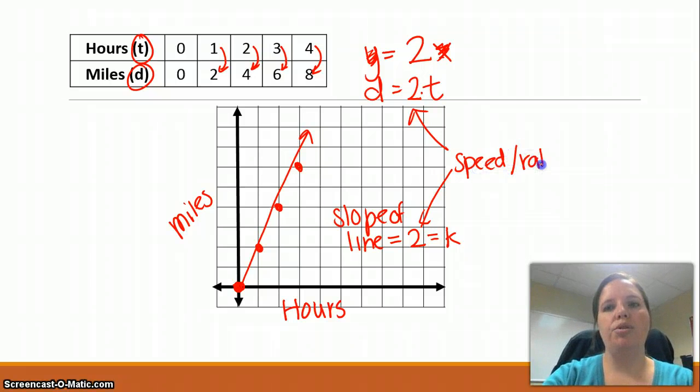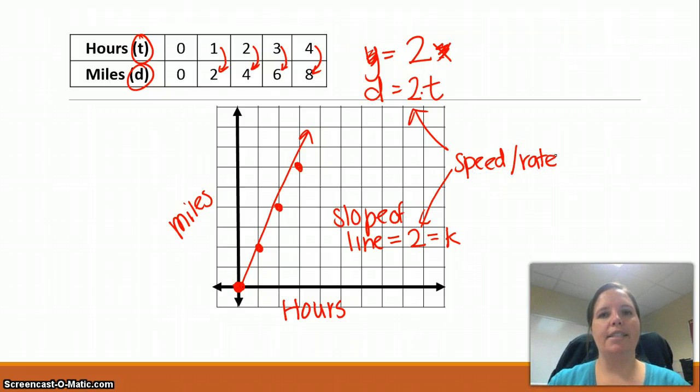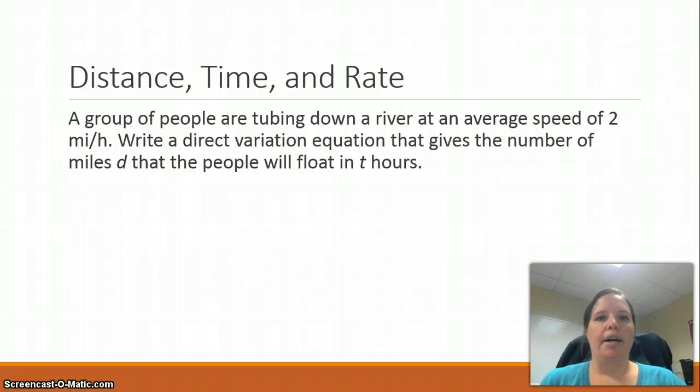So when it comes to speed and rate and distance and time, this is always a direct variation relationship.